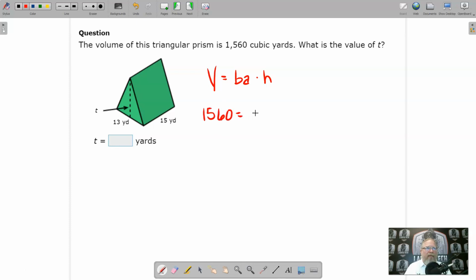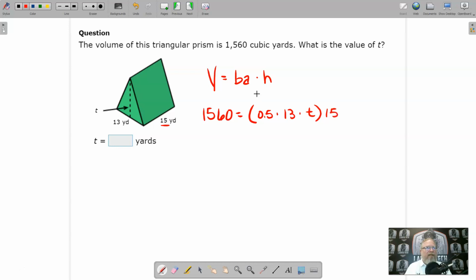1560 is our volume. Our base area here is going to be that of a triangle, so it's 1/2 times base times height. So 1/2, I'm going to put as 0.5 times the base, which is 13, times the height, which is the unknown variable of t, times the height of the prism itself, which is 15.